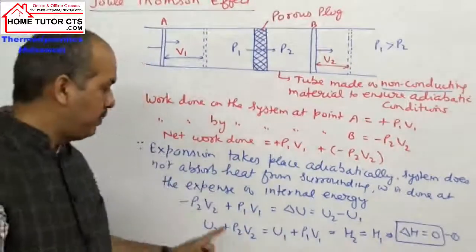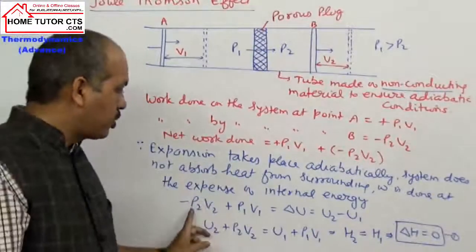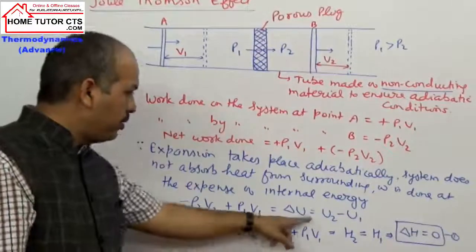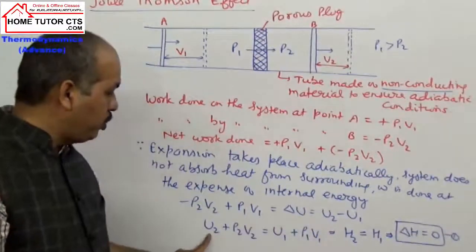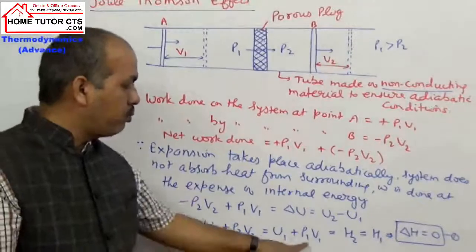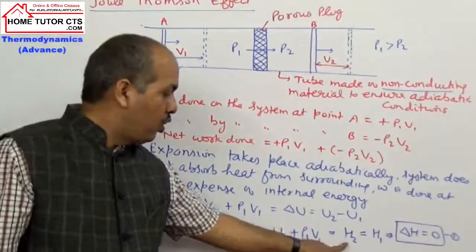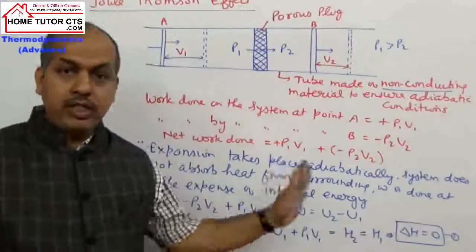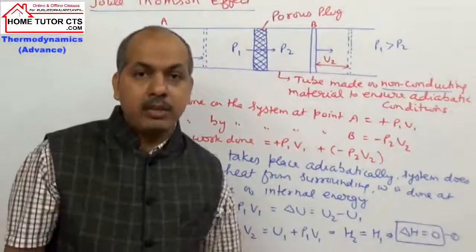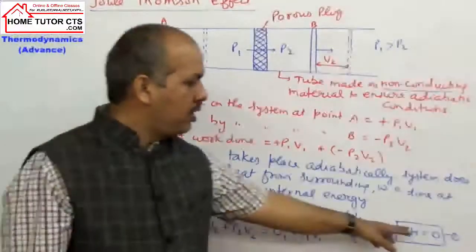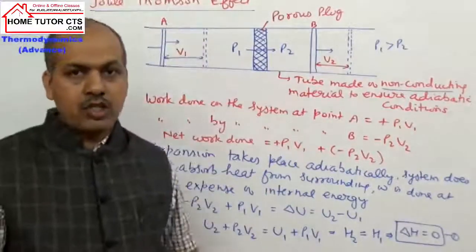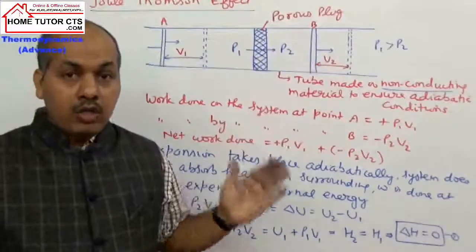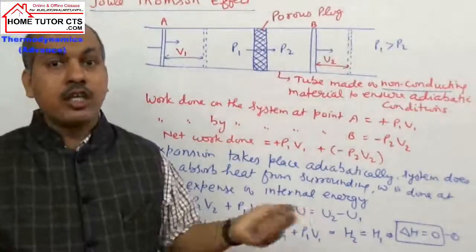U2 minus U1. When you equate this relation from here, you can just rearrange the equation. It is like U2 plus P2 V2 is equal to U1 plus P1 V1. Or it is H2 equals H1. So what happened? H2 is equal to H1. So delta H becomes 0. I am writing this as equation 1 because one thing they are asking in questions is in which conditions the Joule-Thomson effect takes place.